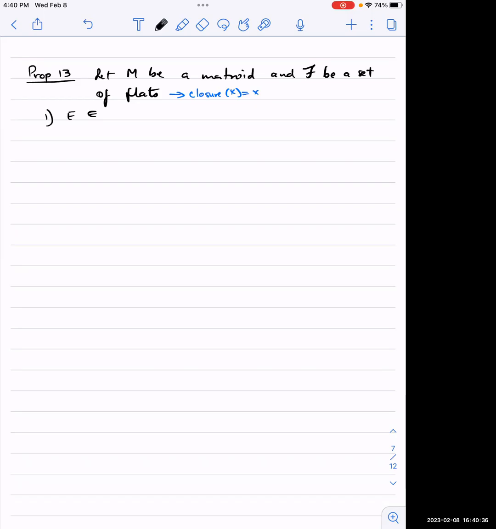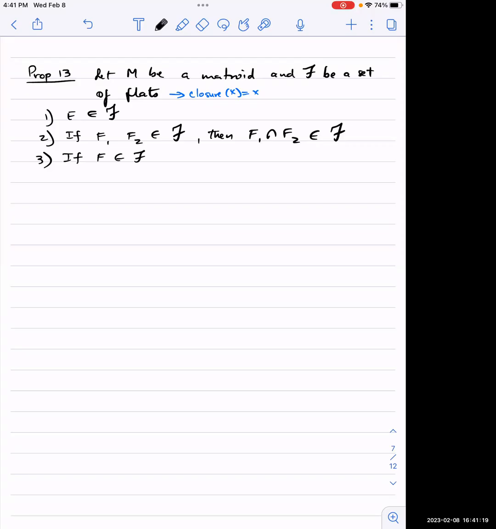The trivial axiom, the whole set E is a flat. And then 2, if F1, F2 is in F, then the intersection of those two sets is also in F. So the intersection of every pair of members of F will also be a closed set.